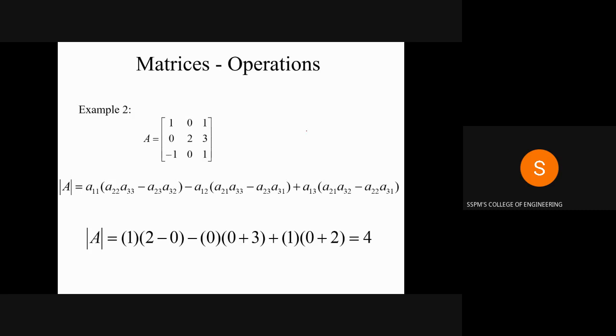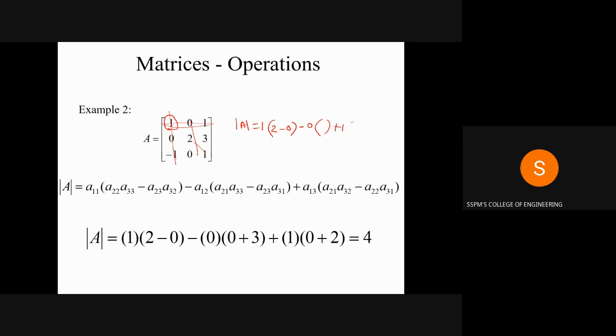In this example, see, the determinant of A for a 3 cross 3 matrix. We have already learned this. First you write 1, then you delete the first row and first column, and take the determinant of the remaining elements. So 2 into 1 is 2, minus 3 into 0 is 0. Then the second element should be with the negative sign: minus 0 into, the product will be 0, so no need to write what is inside the bracket.